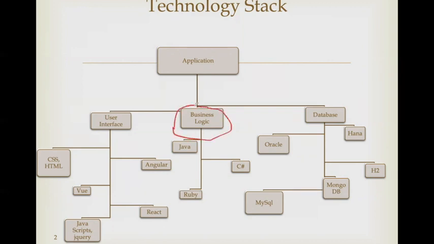This layer is responsible for all the processing of the data, getting the data from the database, further processing it, refining it, applying certain logic to it, and then sending it to the UI. So whenever we search for some product in Amazon.com, basically the business layer is something which handles our request and sends us all the products that we have searched for.